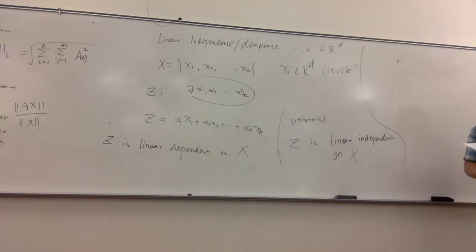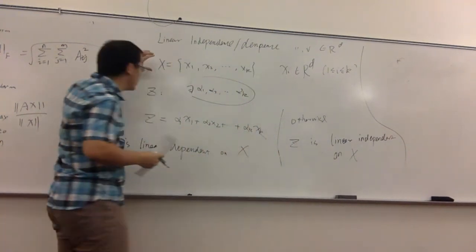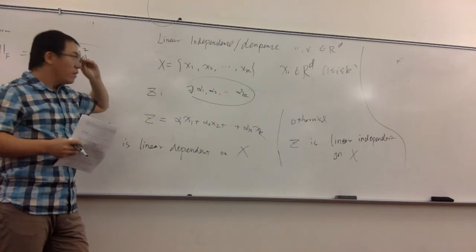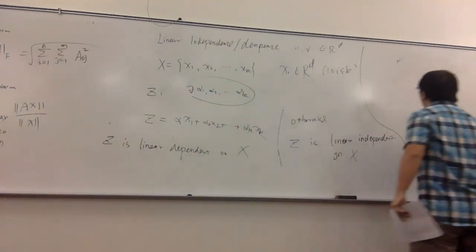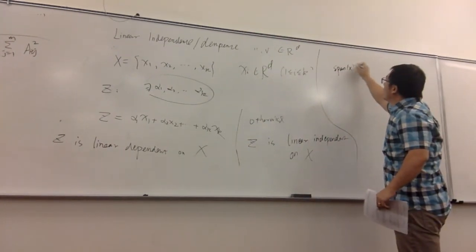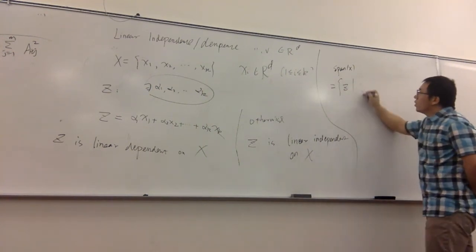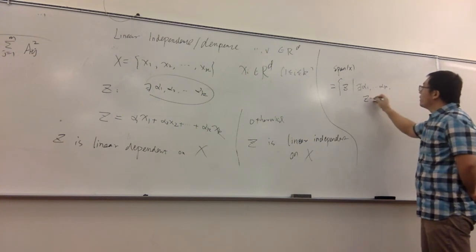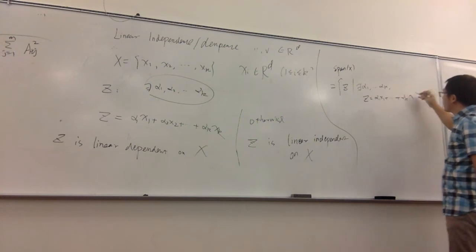And further, we can consider the set of all the vectors which are linearly dependent on x. We call this set of vectors the span of x. So the span of x is defined as the set of all vectors which can be represented as a linear combination of the vectors in x.